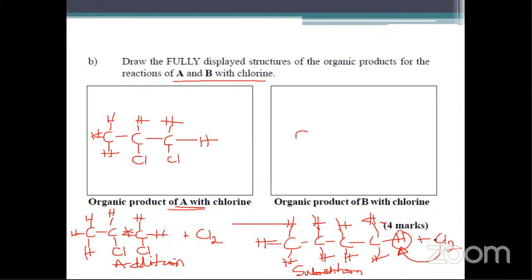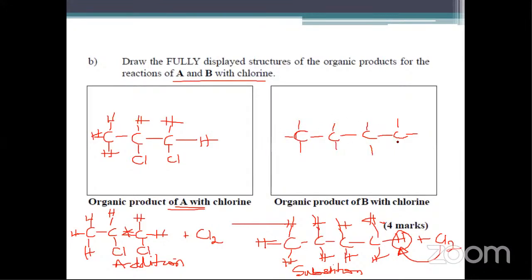What happens when one of the hydrogens comes out? One of the chlorines will replace the hydrogen, and then you would have plus hydrogen chloride. Right.